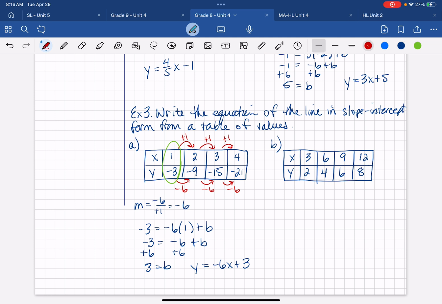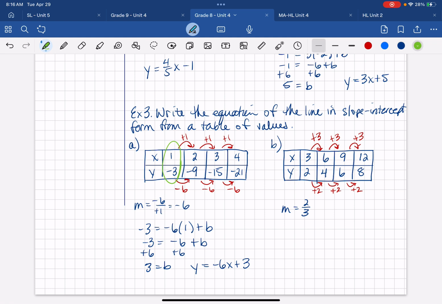Last example, I'm going to do the same thing. On my x, I go up 3 each time, just making sure that that's consistent. And then on my y's, I go up 2 each time. So that means that my gradient is 2 over 3.